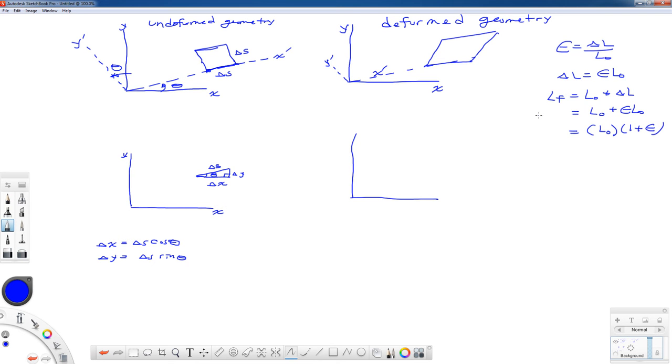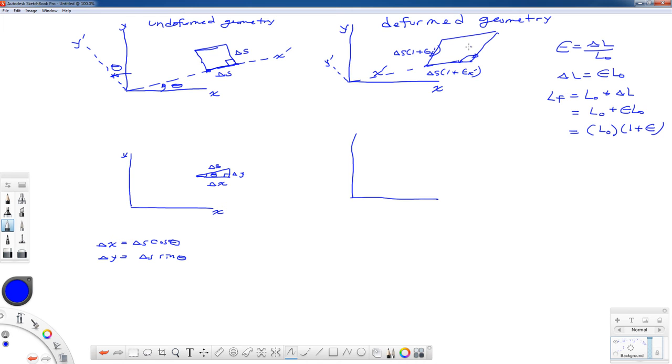Well, in that same way, the side of this triangle is going to be its initial length times 1 plus the strain in the original y prime direction. And on this bottom side, the new length is going to be the side length delta s times 1 plus the strain that was initially in the x prime direction. This angle right here that used to be 90 degrees, that opens up and it becomes a new angle.